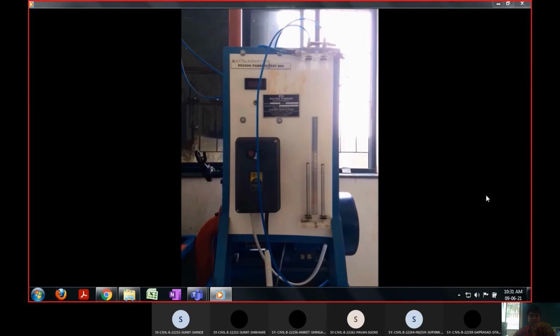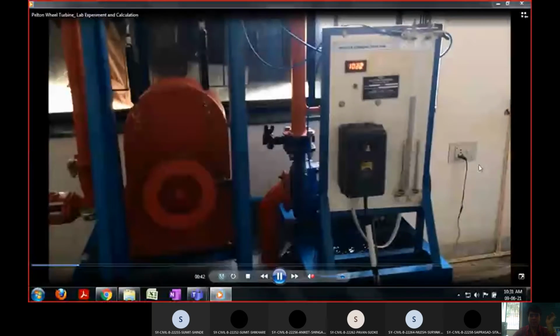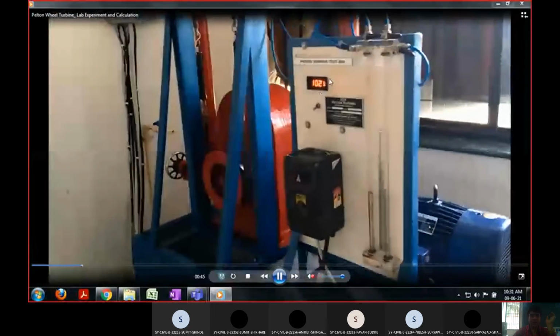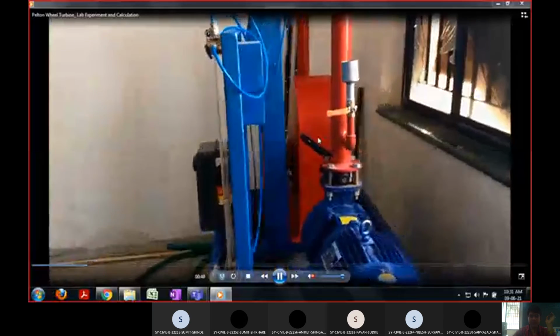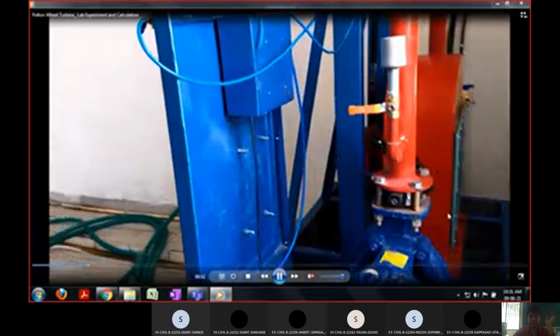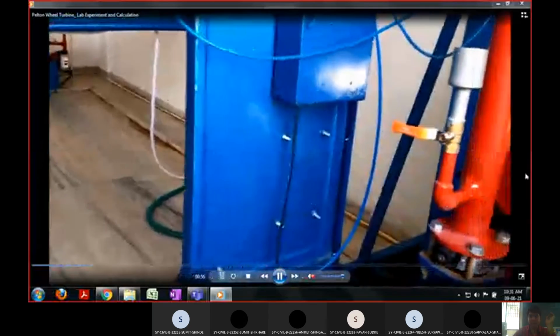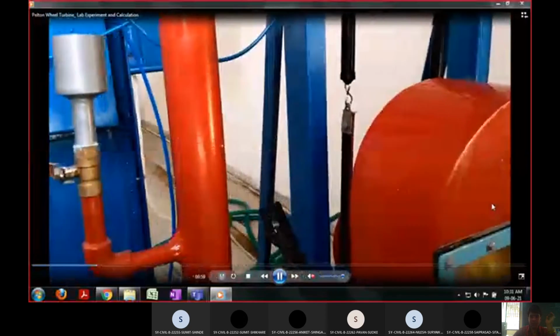Now start the pump. After starting the pump, there will be a speed of the turbine shown on this speed meter. Now look at how the turbine will rotate by the inlet power, which we call water power.